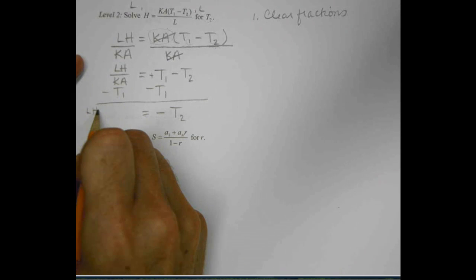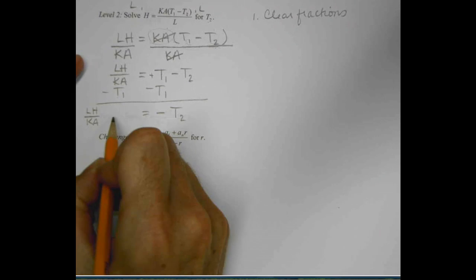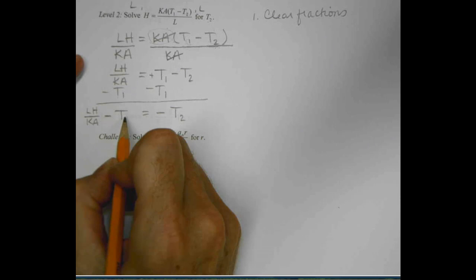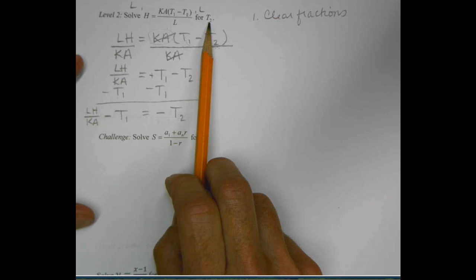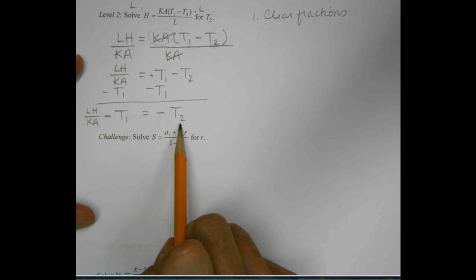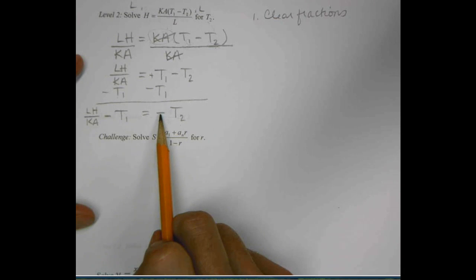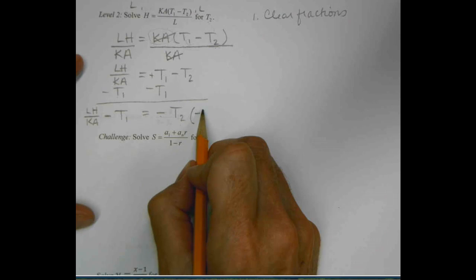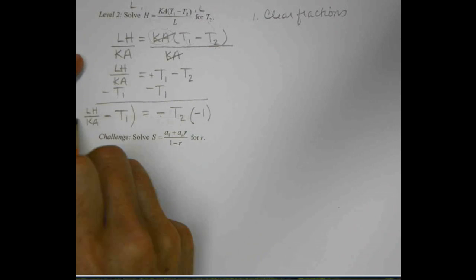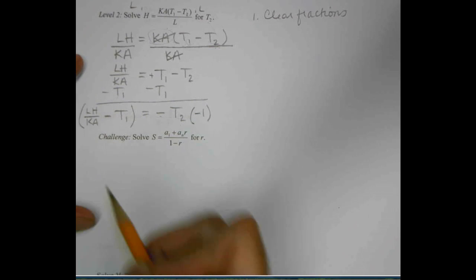I just have to write them side by side. And then I was supposed to solve, here it says for t sub 2, not for negative t sub 2, so I'm not quite finished. I need to figure out how I can move this negative. And I've decided what I want to do is multiply both sides by a negative 1.